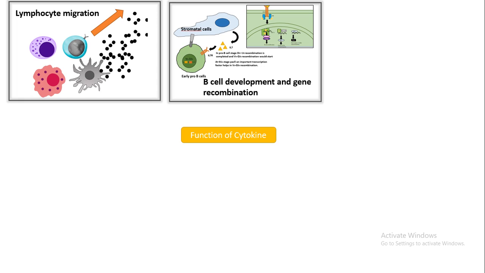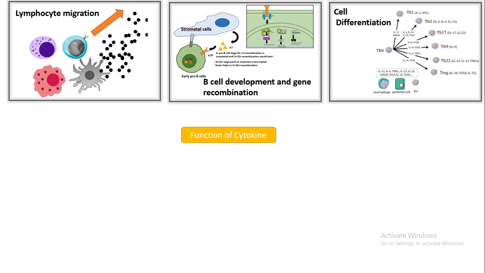Also, development of several immune cells, for example B cells, requires specific cytokine-derived signaling. Interleukin 7 and interleukin 7 receptor mediated signaling is very important for VDJ recombination, which is important for B cell development to occur.